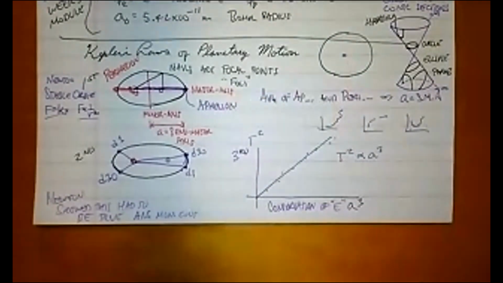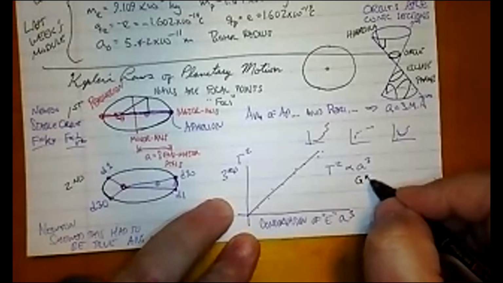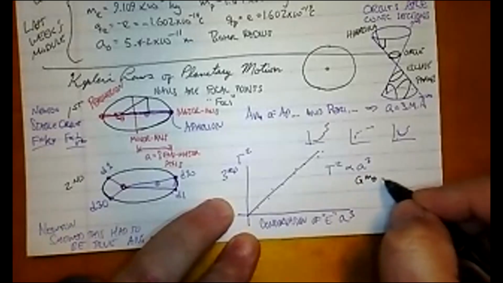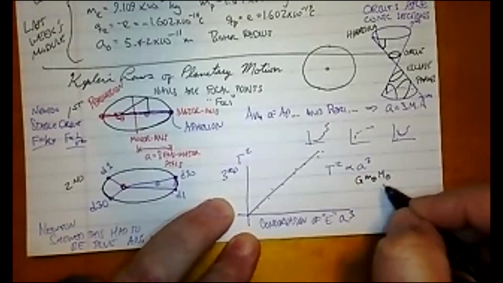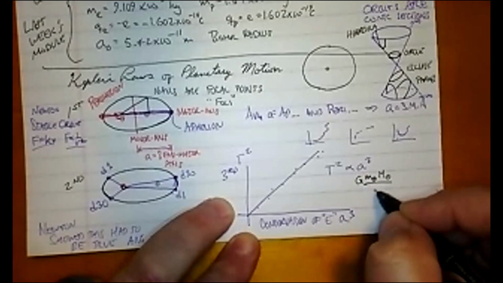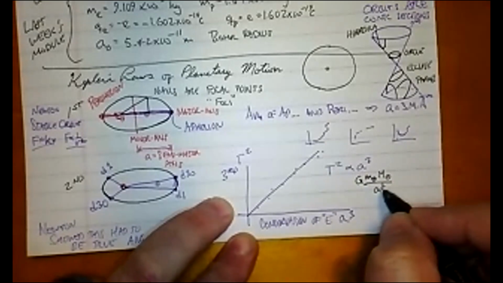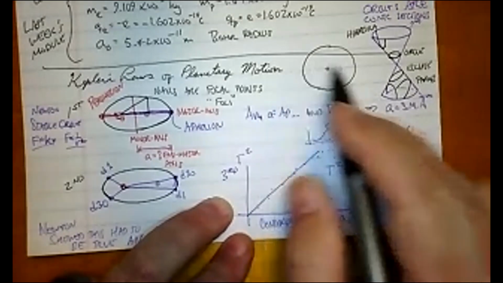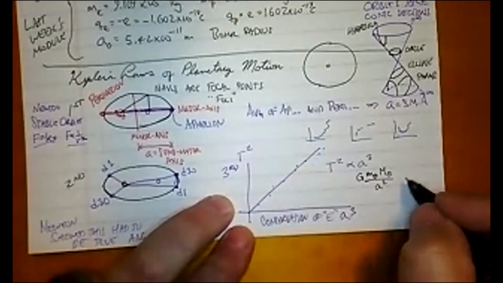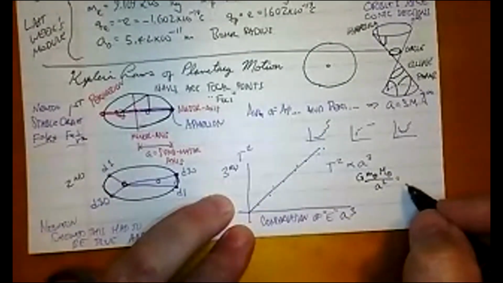or you can actually do it from basic Newton's second law. It says G, mass of the Earth, mass of the sun, over A squared. If we assume A is a radius and it's just a circle, then it's just going to be A. In fact, when you do this with an actual ellipse, the same comes out.